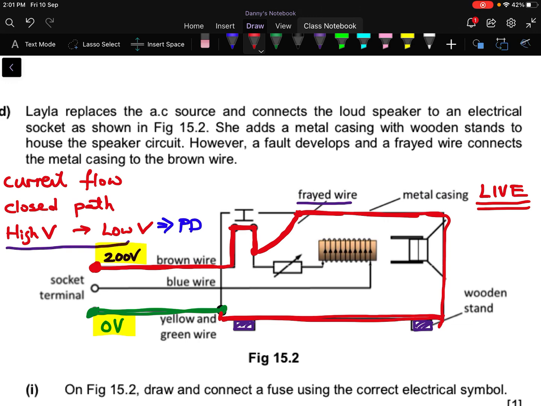As a result, because the casing is having a very low voltage, your current here will be very large, and that will trigger the fuse and it will cut it off. So you need to have all these components in your answer.